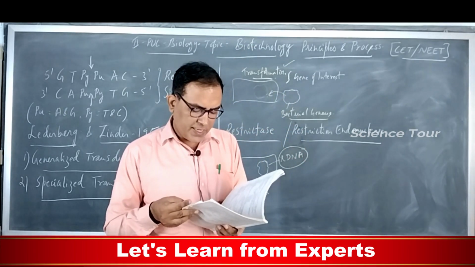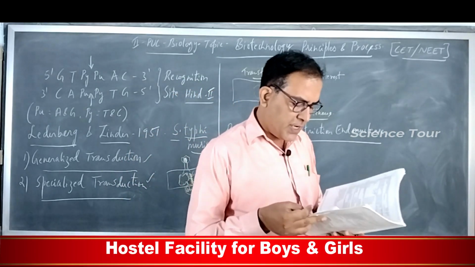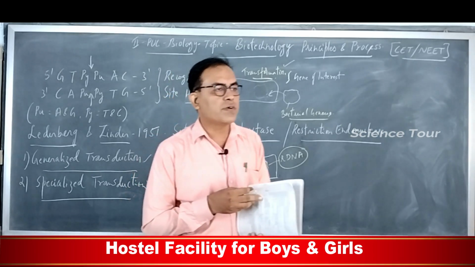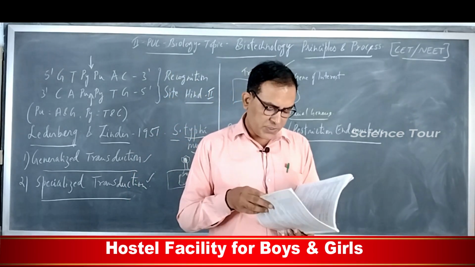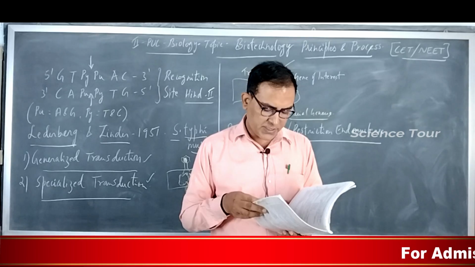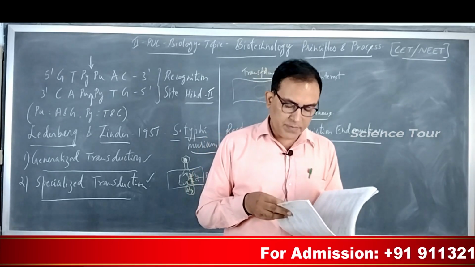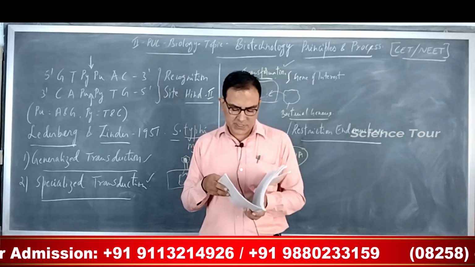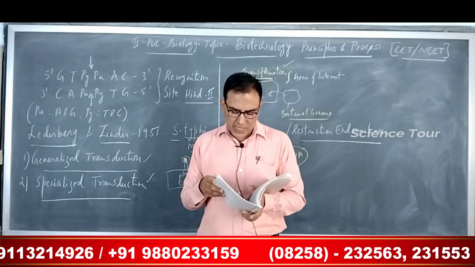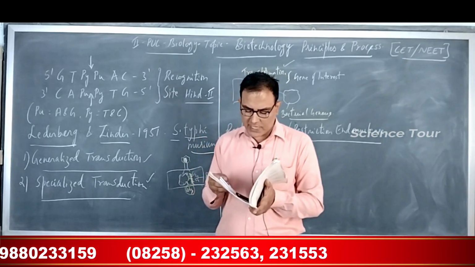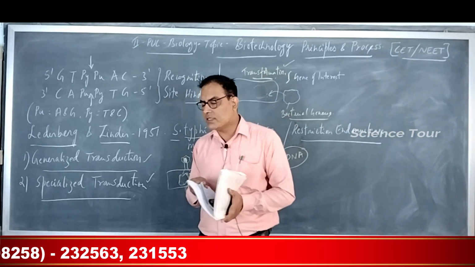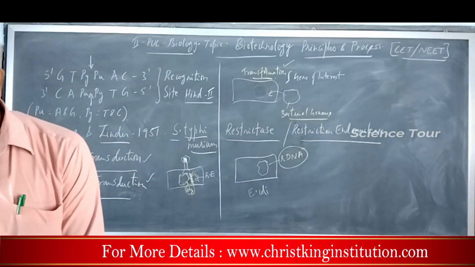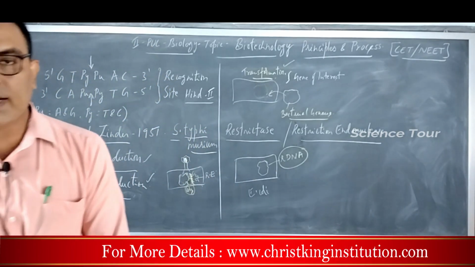This is done by use of the enzyme thermostable DNA polymerase, which is isolated mainly from the thermostable bacteria, Thermus aquaticus. So the availability of this thermostable DNA polymerase popularized the PCR. So option D is the right answer.